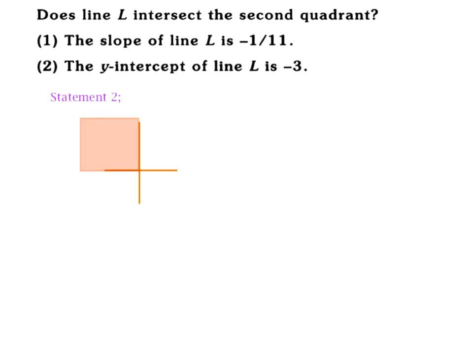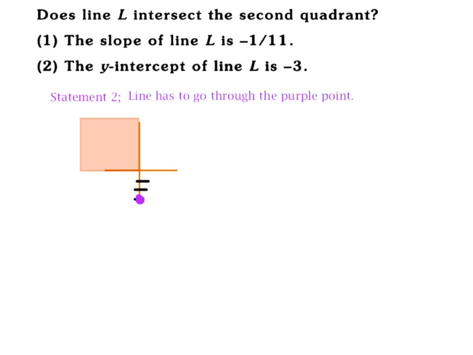Statement 2 means, visually speaking, that you have a y-intercept of -3, so you have to hit this point right there, that purple point. That means your line goes through the purple point. But that's all we know about the line.